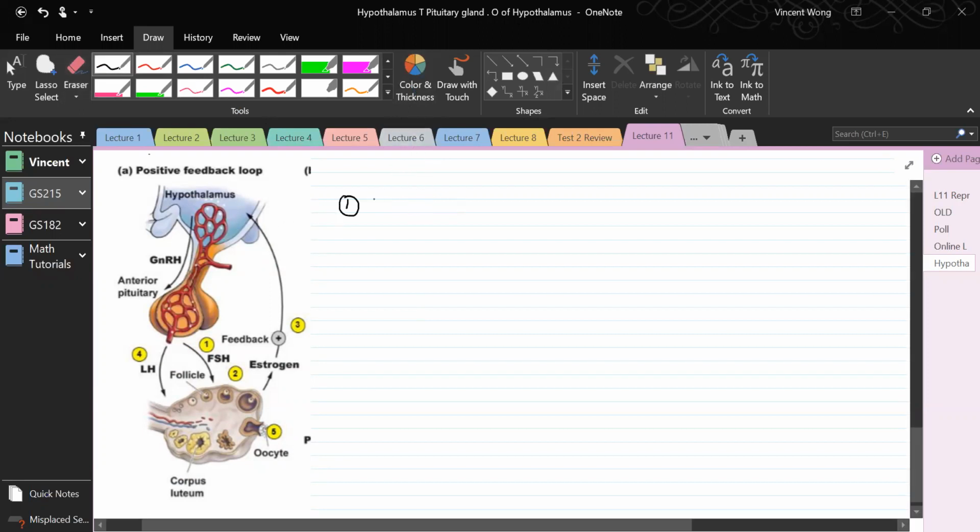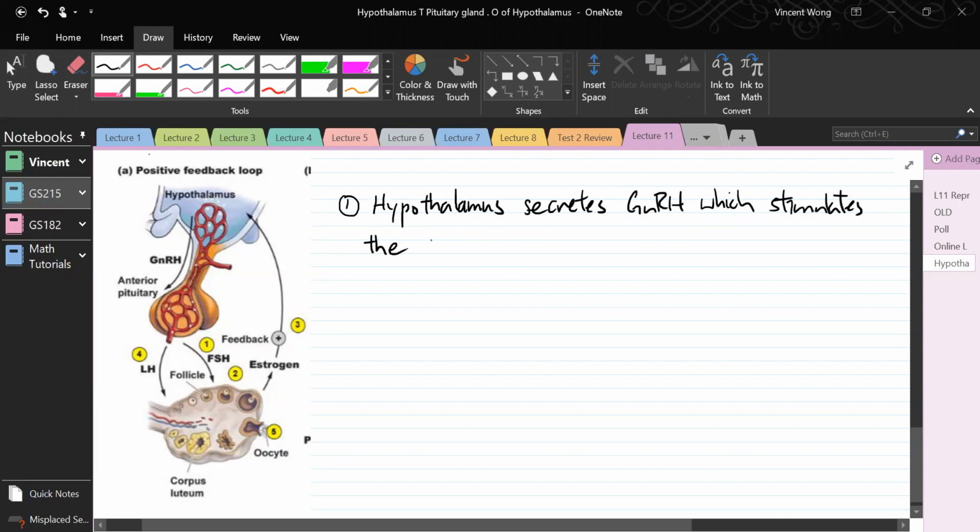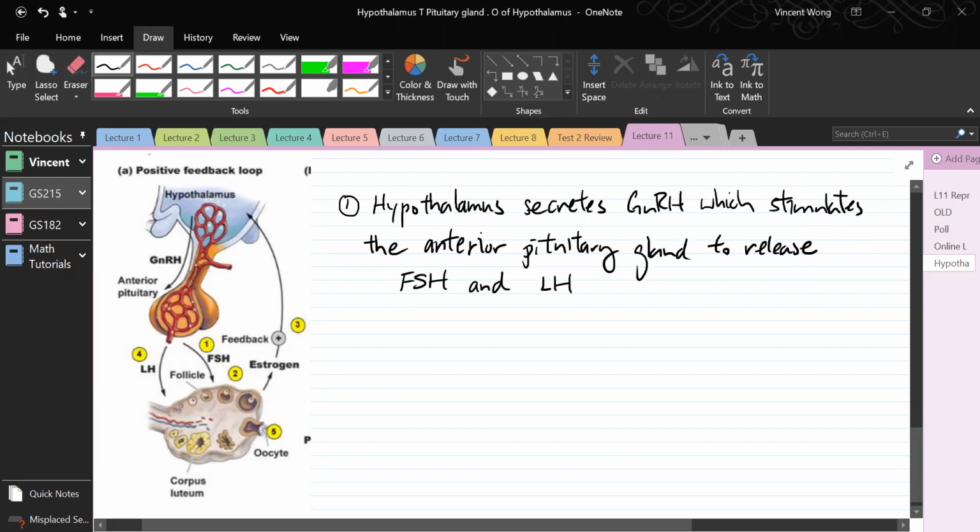The hypothalamus secretes GnRH, which stimulates the anterior pituitary gland to release follicle stimulating hormone and luteinizing hormone.